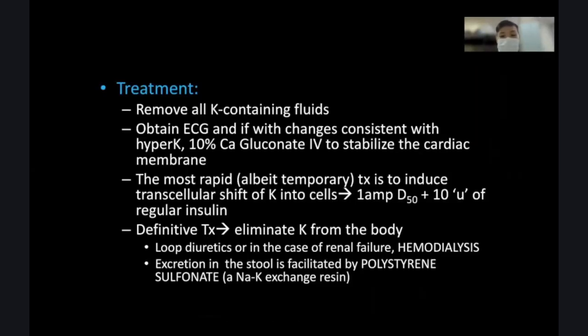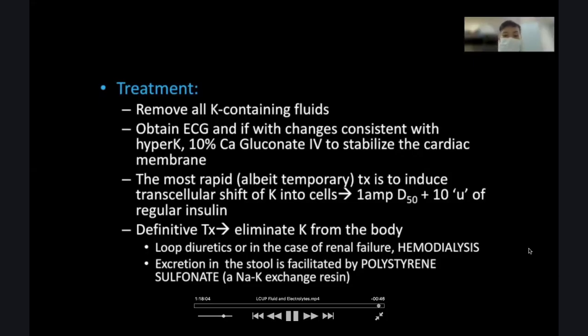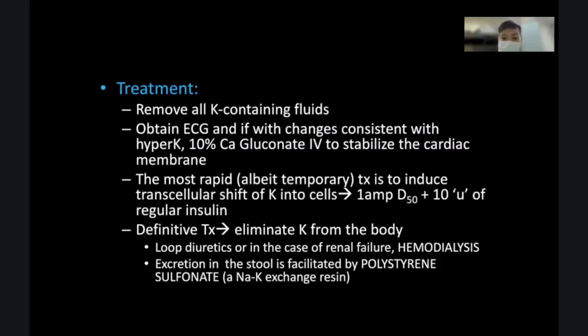For definitive treatment, of course, you have to eliminate potassium from the body, either with loop diuretics, or in case of renal failure, or if you've given all these measures and you still have persistent hyperkalemia, then the only way to remove that serum potassium is hemodialysis.